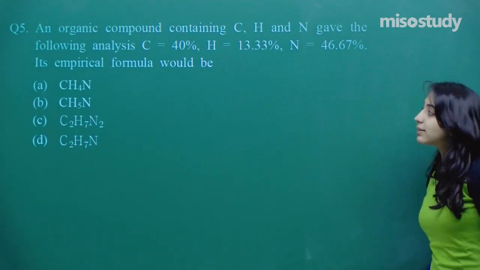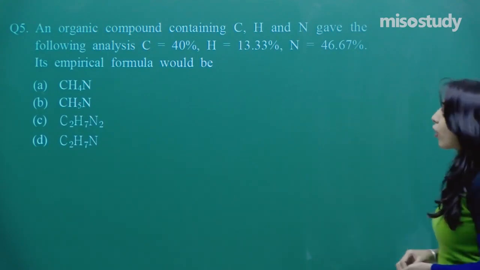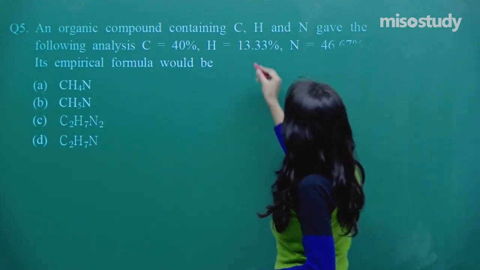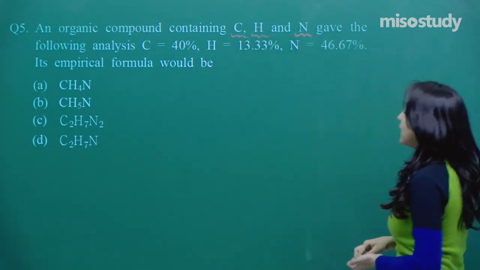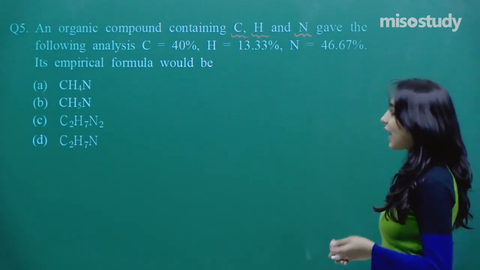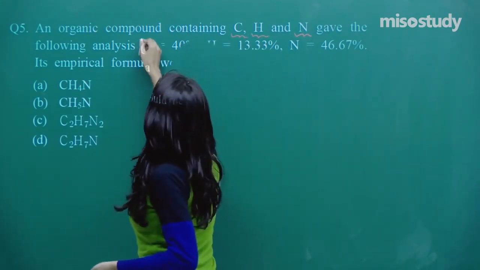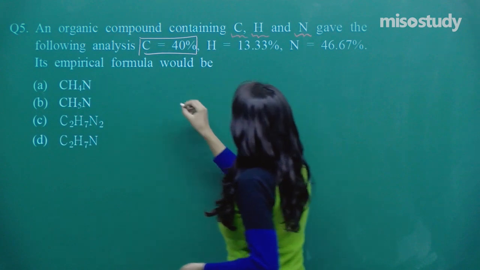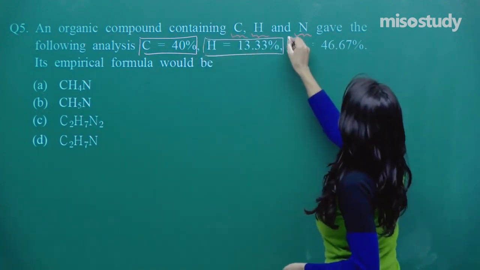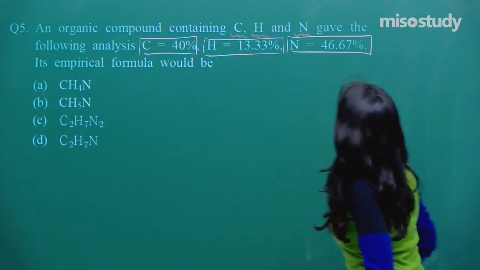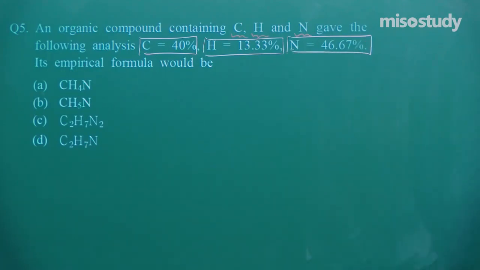The question is, an organic compound containing carbon, hydrogen and nitrogen only gave the following analysis where carbon is found to be 40%, hydrogen is found to be 13.33% and nitrogen is found to be 46.67%.